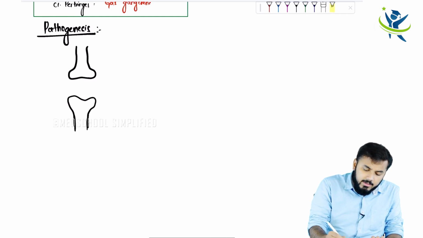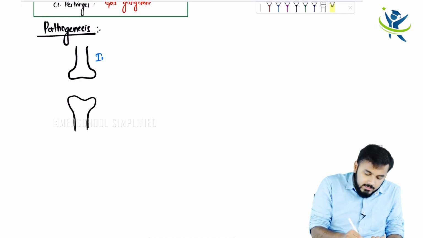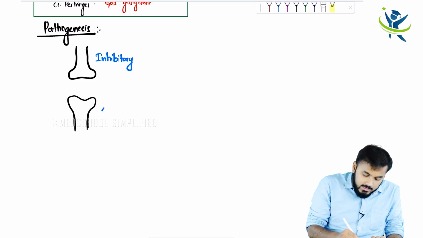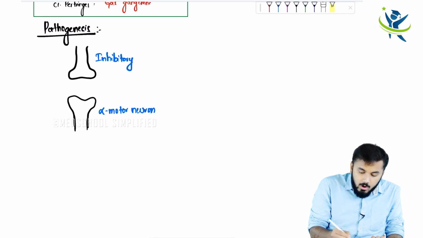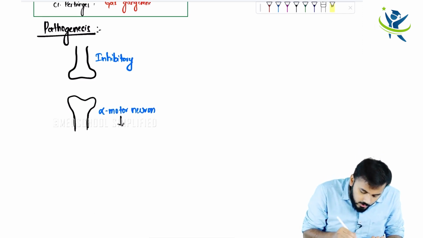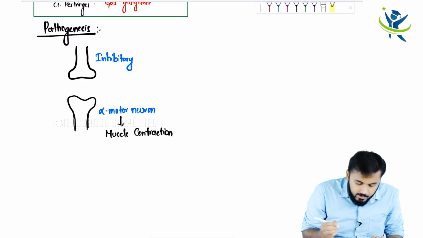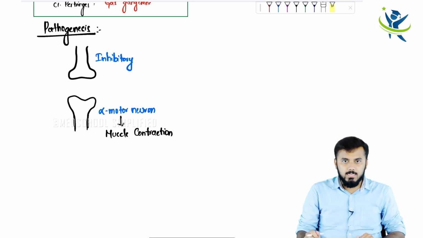Let us say, for our convenience sake, that this is the inhibitory neuron, and this is the alpha motor neuron. And all of you know very well that the alpha motor neuron is responsible for muscle contraction.